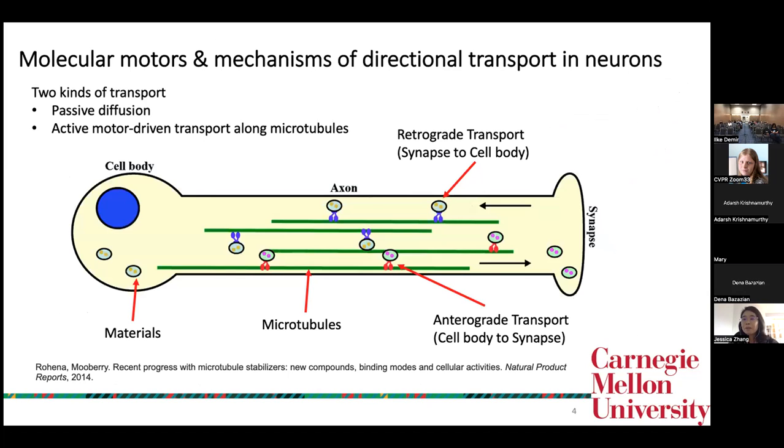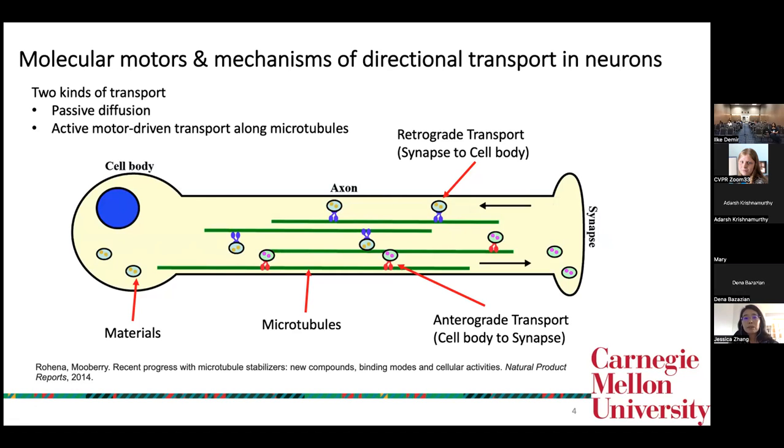This problem has been studied in some literature, but people only use the 1D model. There are two kinds of transport in this system. One is passive diffusion. For example, in the cell body and also synapse, sometimes also along the axon, the organelles or materials are free to move around through the diffusion process.